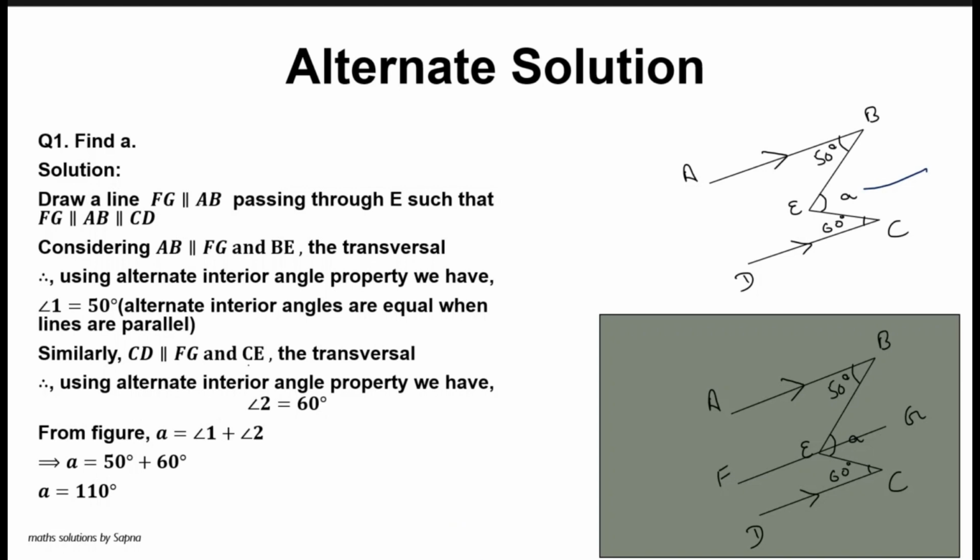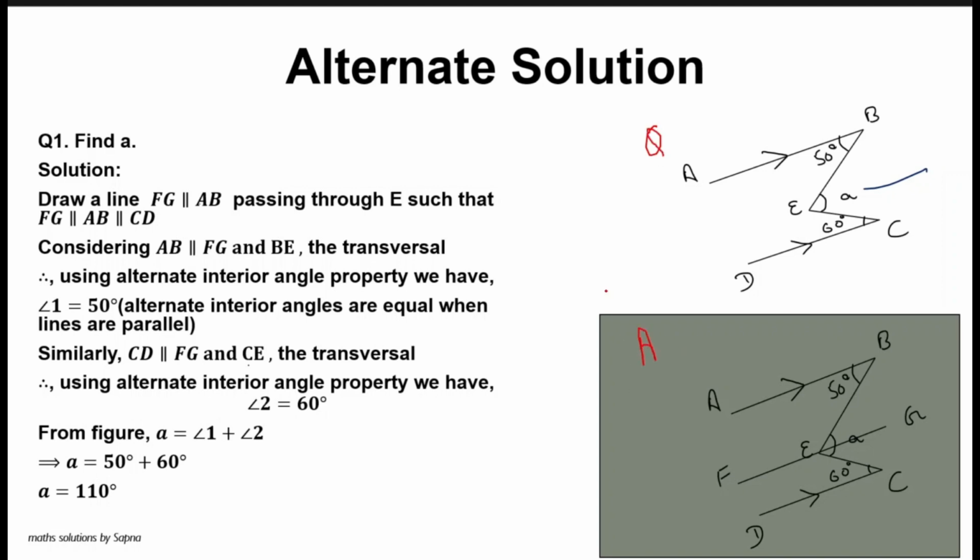So in this alternate way, instead of extending the transversal, I'm taking the help of a line. I'm drawing a line FG parallel to AB. So basically, this is your question figure.